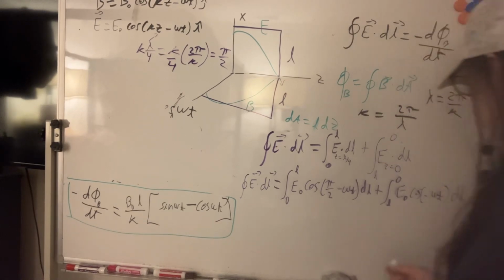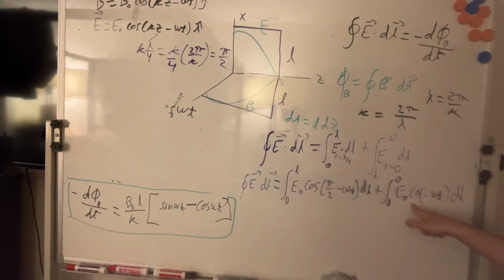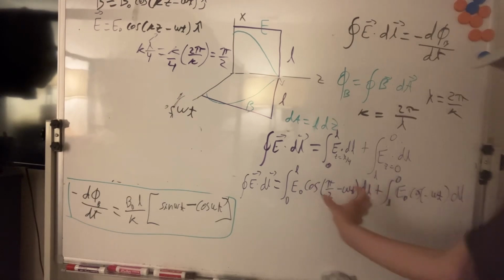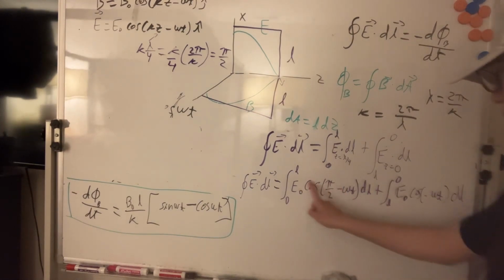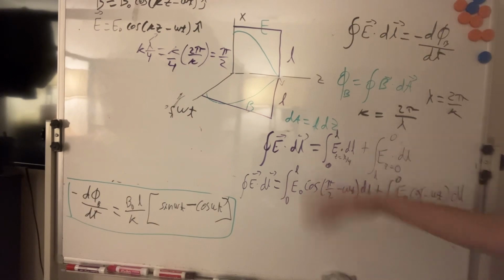So this would be the same as the cosine of omega t. Cosine of theta is the same as cosine of negative theta. And I can take all this stuff out of the integral because I'm integrating with respect to L, and in any part of this I have no L, so I can take everything out of the integrals and am just left with the integral of 1.